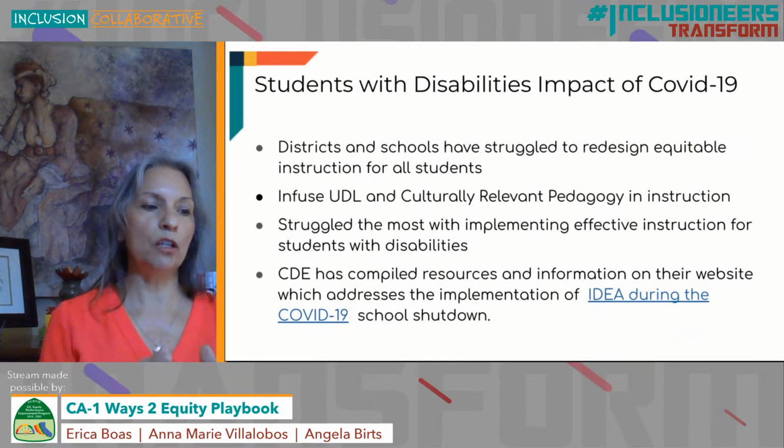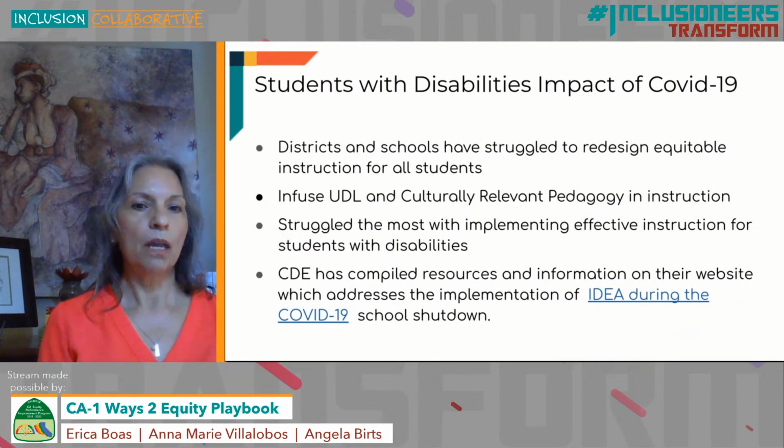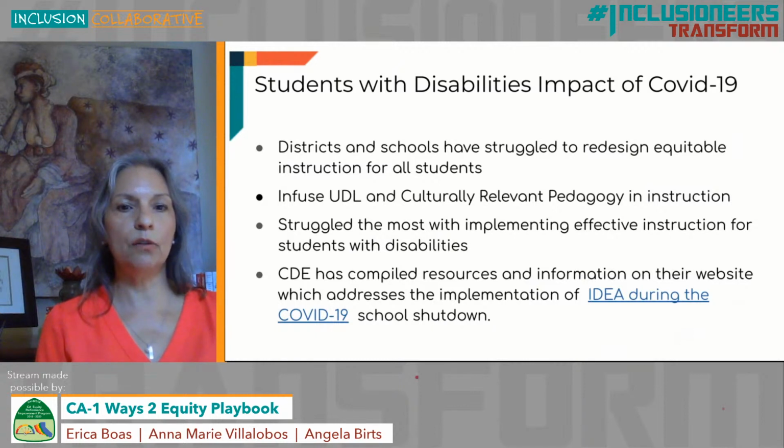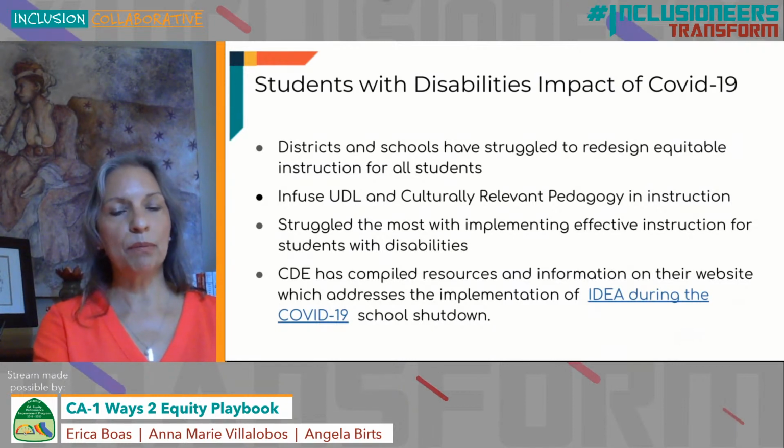But at the same time, making sure that IDEA is preserved for our students with disabilities. So the CDE has compiled resources and information on their website which address the implementation of IDEA during the COVID school shutdown, and here's a link for that. I shouldn't say shutdown, now the move to online learning that has happened most recently. And there's a link for that right there.